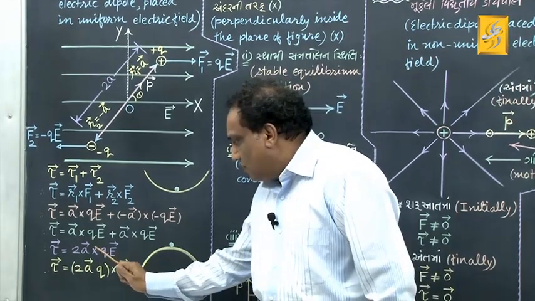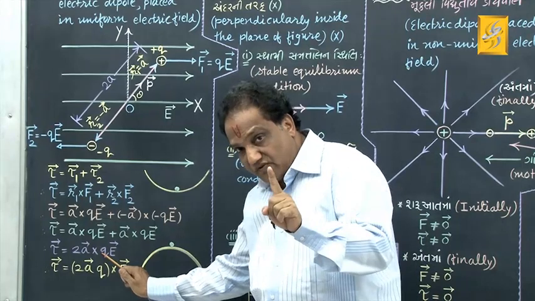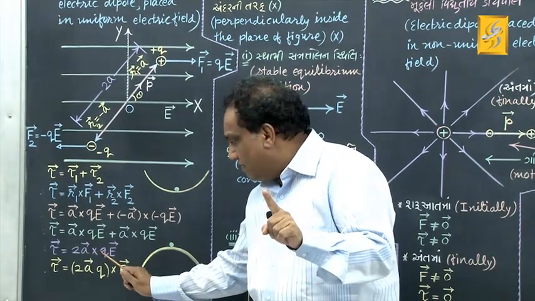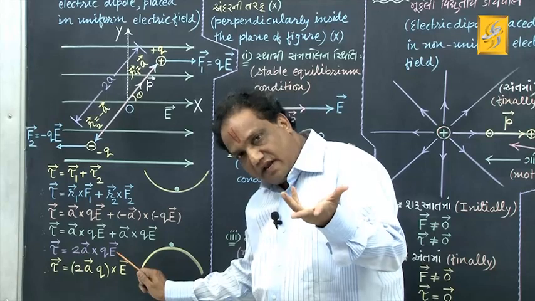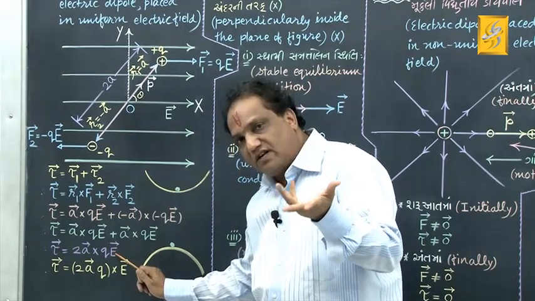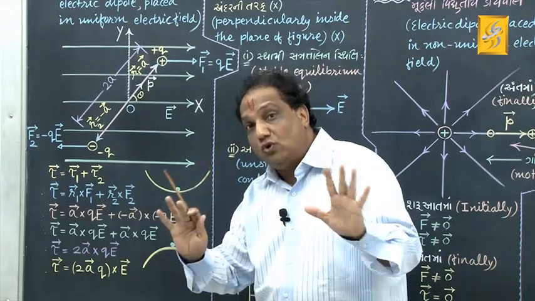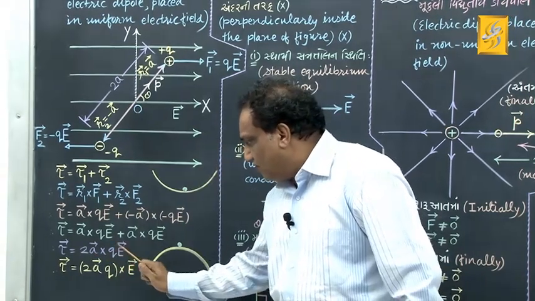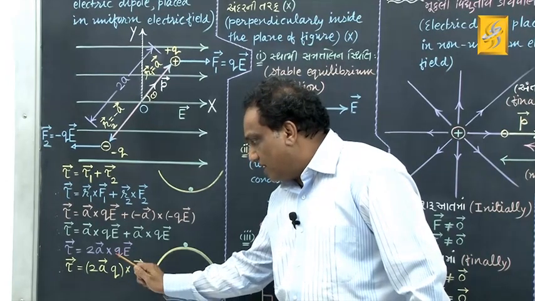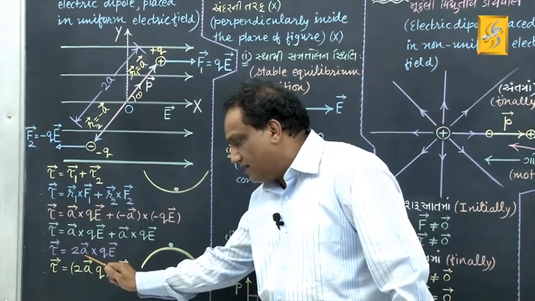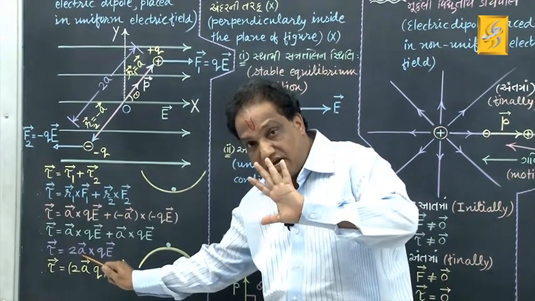Fine. Now here q is charge, which is a scalar quantity. You may multiply it with vector E, and then instead of multiplying with vector E, if you multiply it here, that will also do. Instead of multiplying q with vector E here, you may multiply q with this vector here, no problem, it does not make any difference.